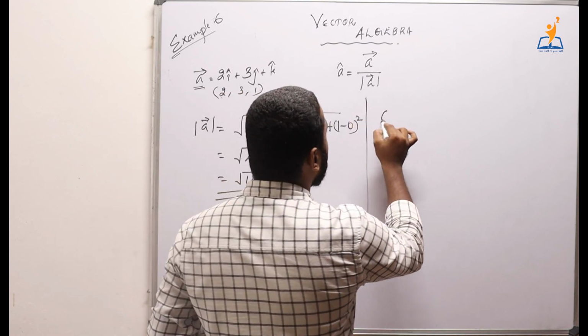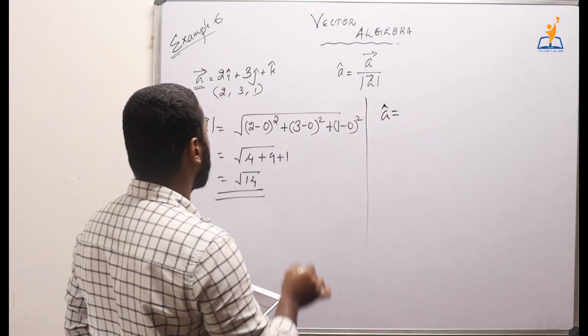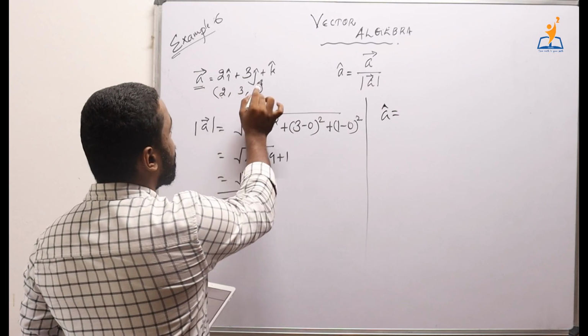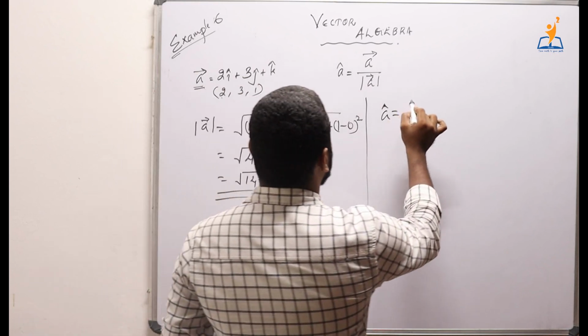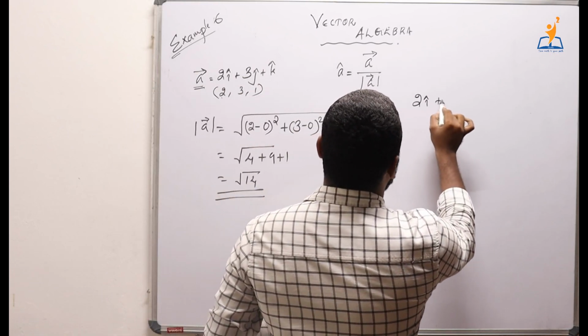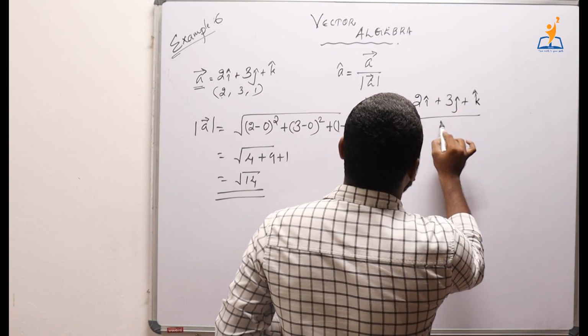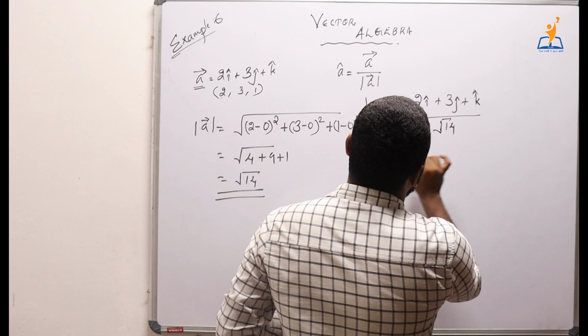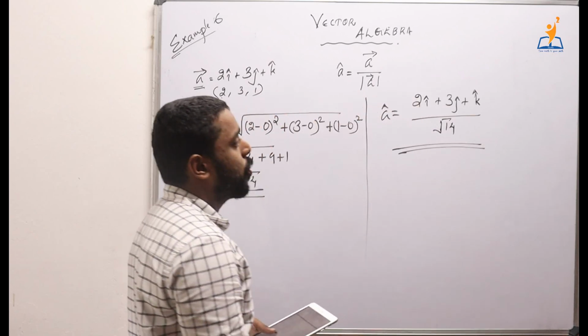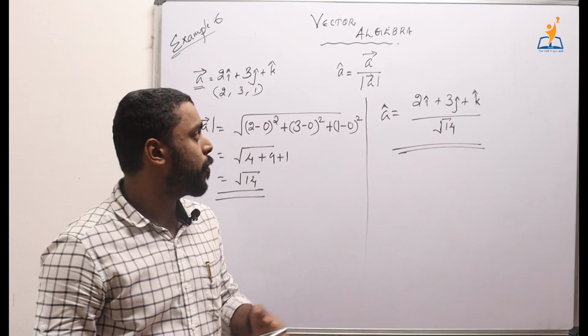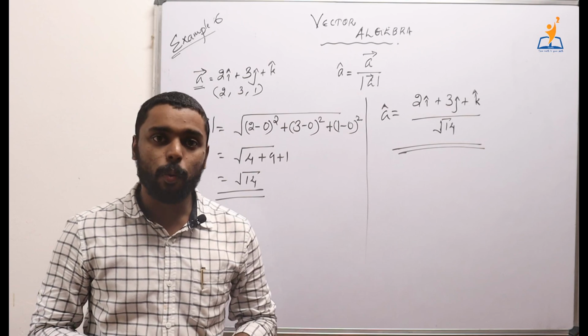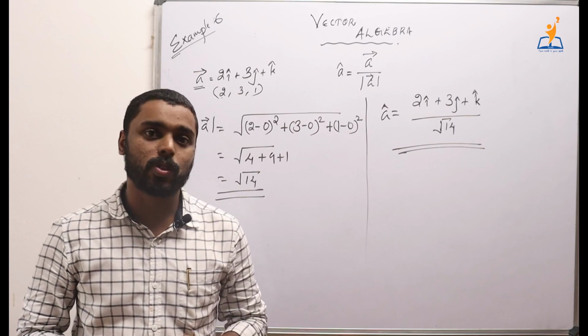Therefore we have a cap is equal to vector a by mod a, so we have 2i cap plus 3j cap plus k cap by root 14. So this is the unit vector in the direction of the vector a. I hope you understood this problem also very well.